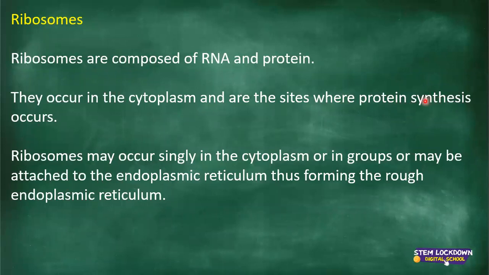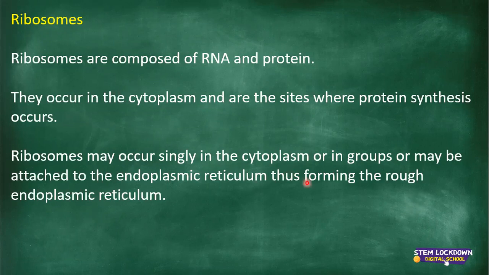The genetic information will leave the nucleus and go to the ribosome, where protein synthesis takes place. You'll see when we do the topic of protein synthesis, from the diagrams, how the DNA, after the 2 steps of replication and transcription, will move out of the nucleus through the nuclear pores to the ribosomes where protein synthesis will occur.